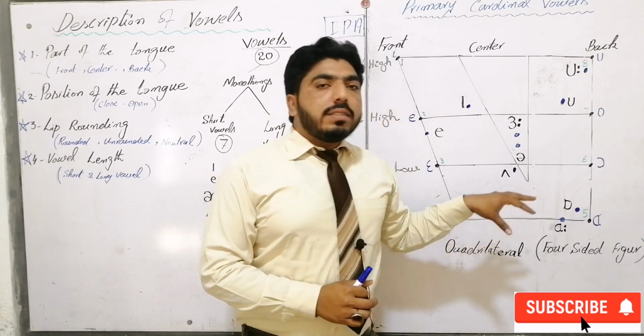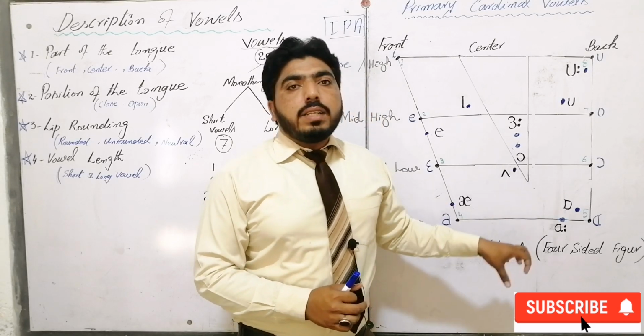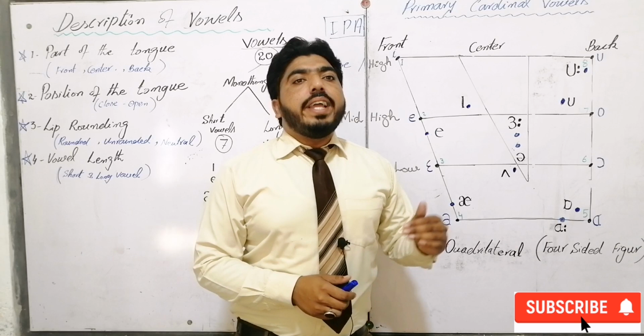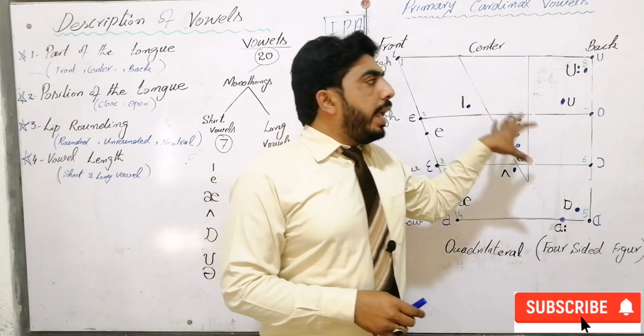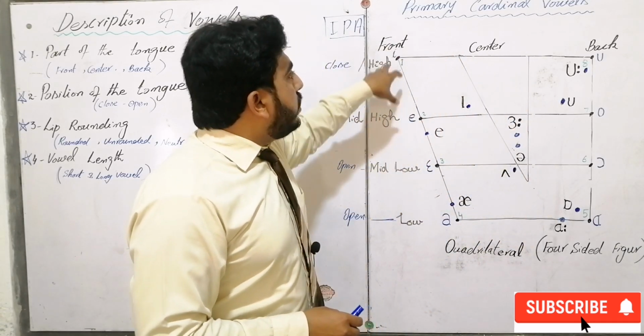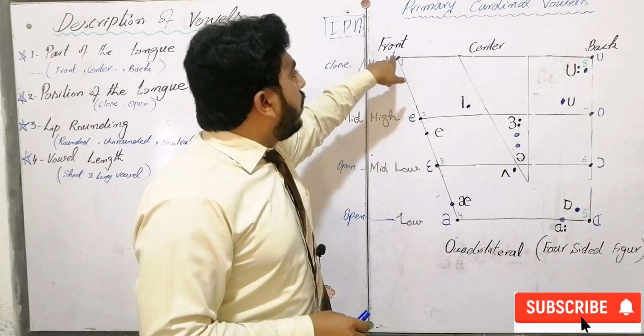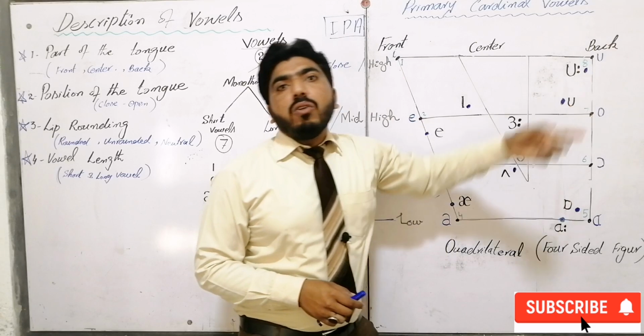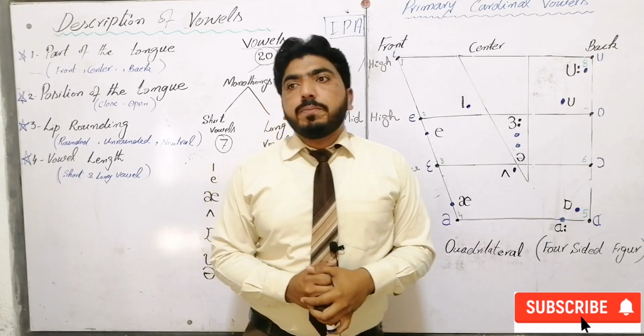This diagram is not limited to the description of English vowel sounds; rather, vowel sounds of any other language can be placed on the basis of the relative position of these extreme positions, these cardinal vowels.